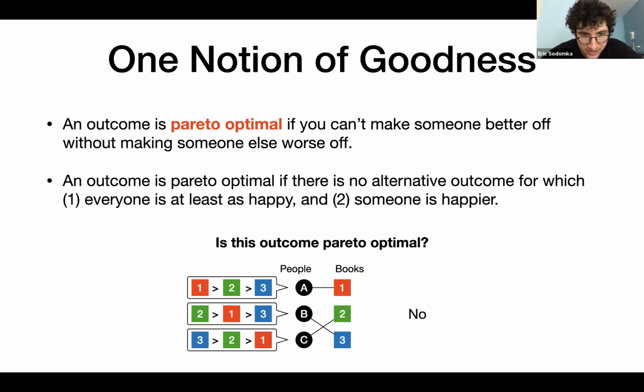B and C's preferences changed. Now B also likes book 1 the most, then book 2, and then book 3, just like A. And C likes book 2 the most, then book 1, and book 3 the least. So the question is, is this outcome Pareto optimal?